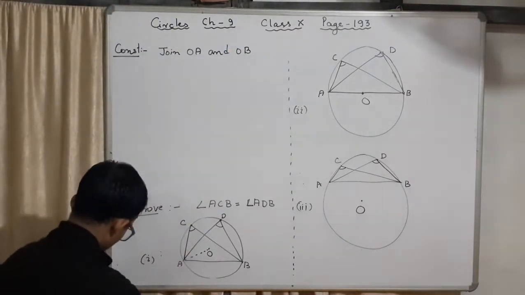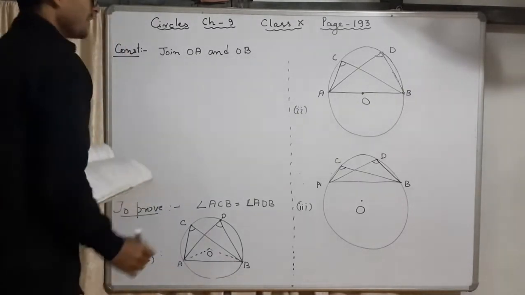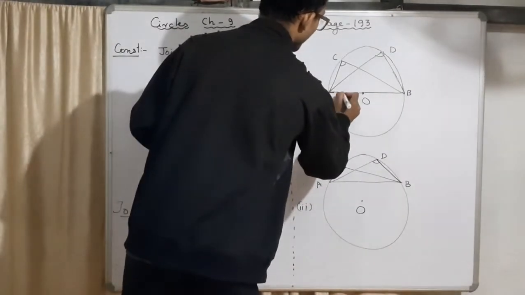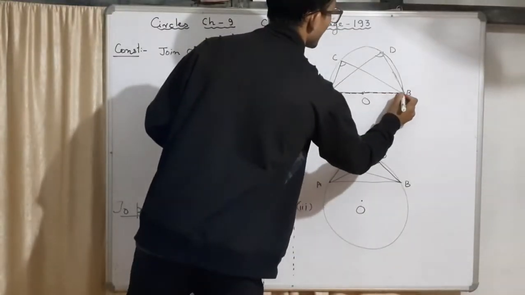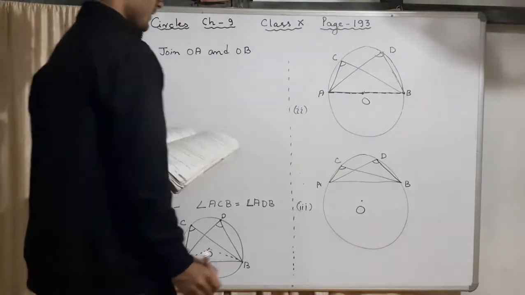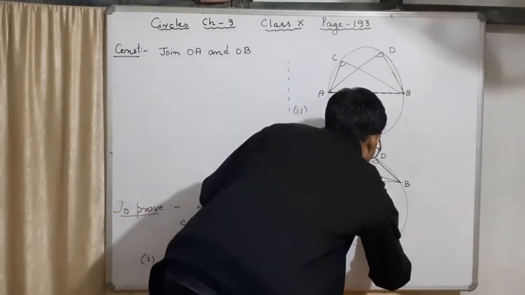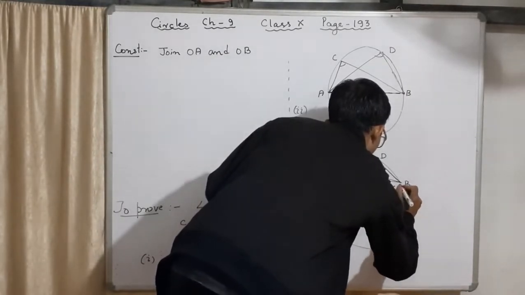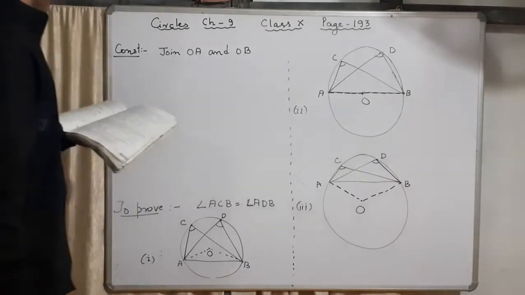Okay, OB. I joined it. Here I need not join because it is already joined. Just think that it is joined afterward also. And here I will join OA and OB. Done. Construction part is finished.